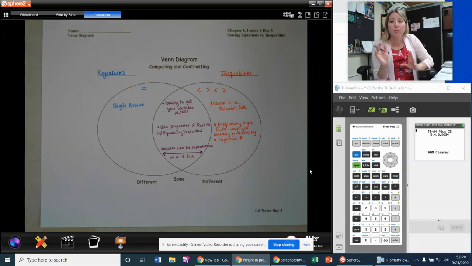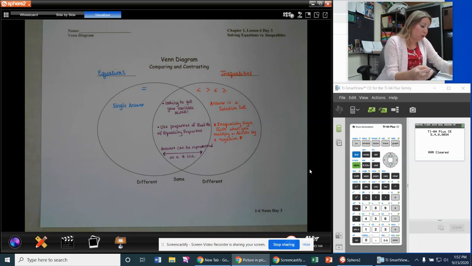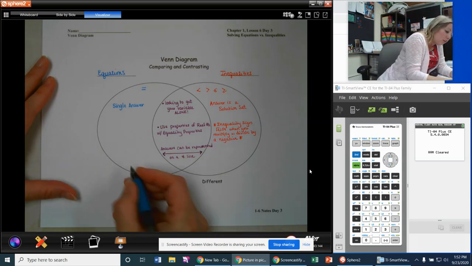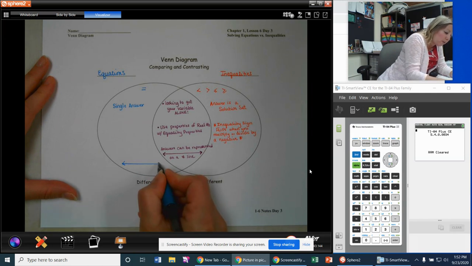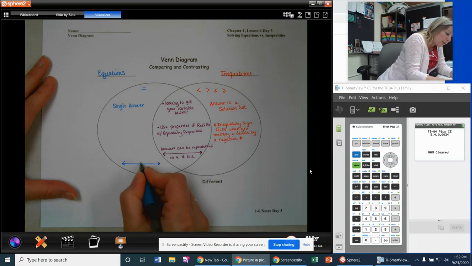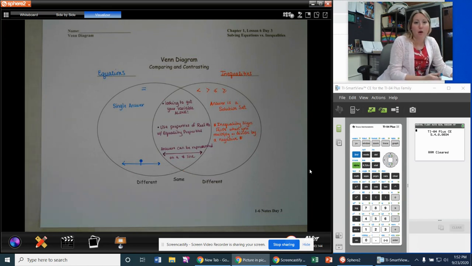But the difference is the way that you represent those answers on a number line. Like we said, there'll be a single answer, so on this number line, it will always be a closed dot over that one single answer, and that's it.